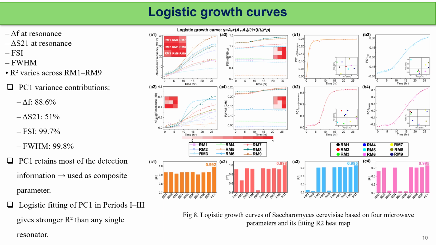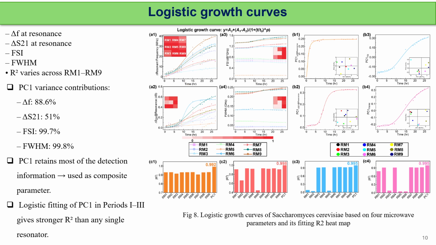Here, Fig 8 presents logistic growth curves of Saccharomyces cerevisiae based on 4 microwave parameters and their fitting R2 heat map. Here we summarize the logistic fits for del F, del S21, FSI and FWHM.